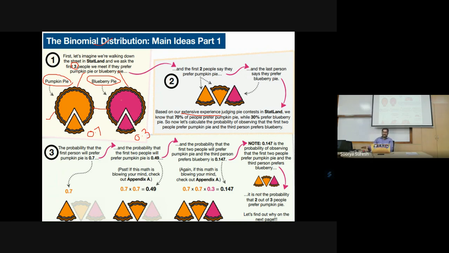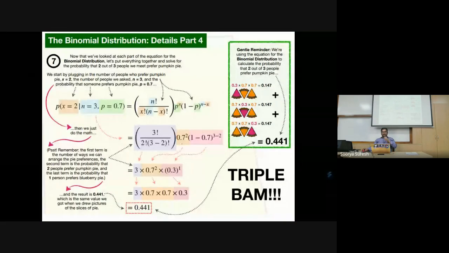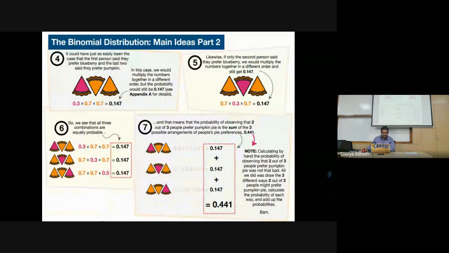Now I'm asking 3 people. If I ask the first person, what is the order? How many options are there? 2 options. If I'm asking 3 people, how many chances are there?